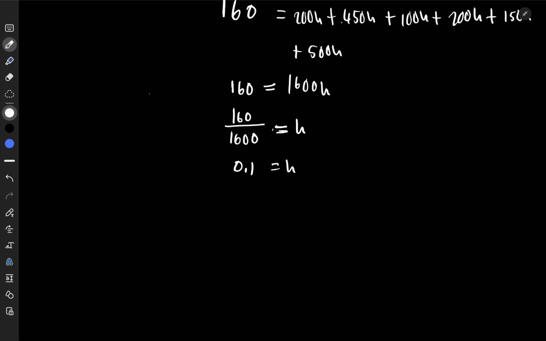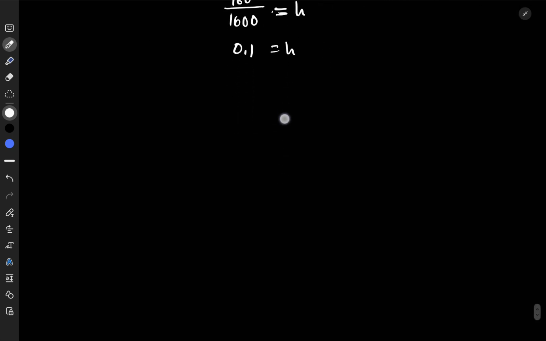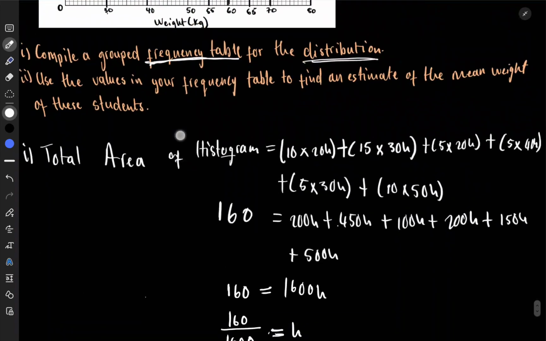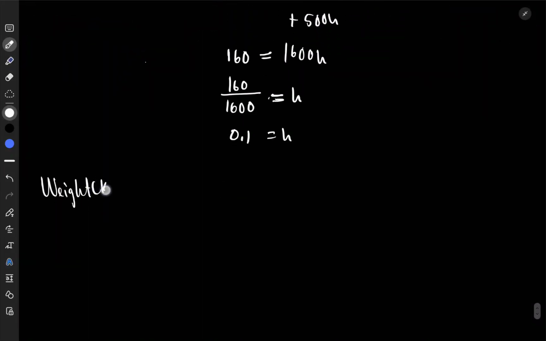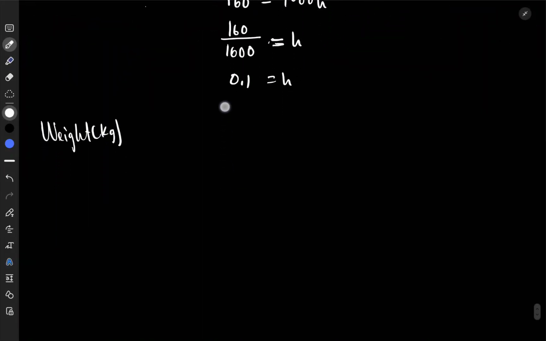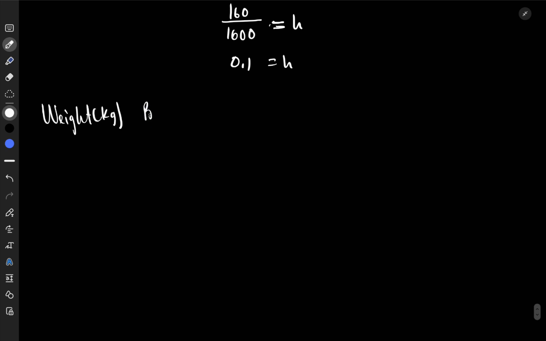So now I know my H, and that means I can get all the frequency densities, which can help me to find the frequency. So now, how do we get the frequency? Let's just go ahead and make the table. Here we are going to have the weight in kgs, because that was the first thing, right? Then I'm going to put the boundaries.